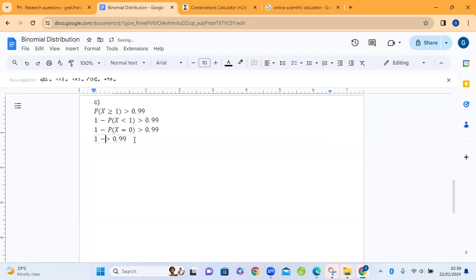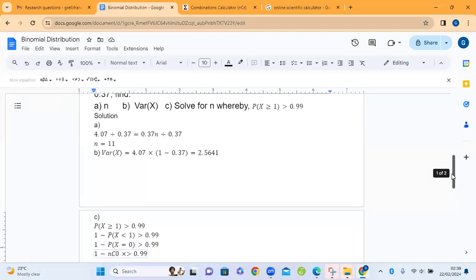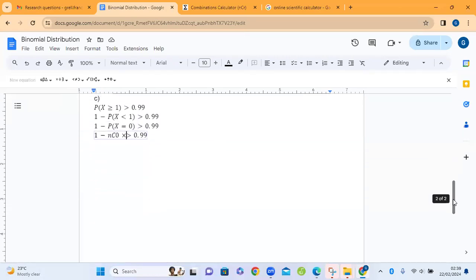So p of x equals 0 is n combination 0, times the probability of success. We said it's 0.37, right? So that's 0.37 raised to 0, times 1 minus 0.37.